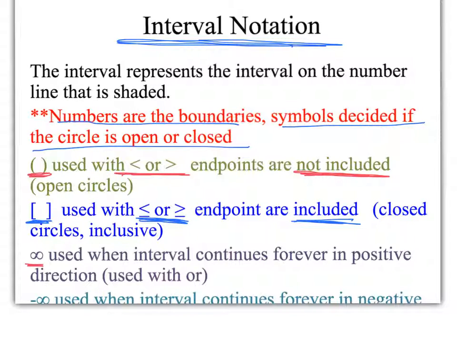So we're going to be using the infinity symbol with OR inequalities. And down here at the very bottom, negative infinity is when the interval continues forever in the negative direction. Okay, pause that if you need to copy anything else down if I went a little too fast, but make sure you have all 5 or 6 of those points there.